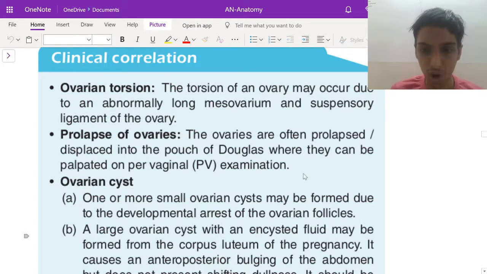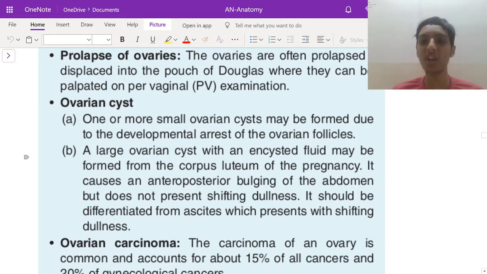And the ovarian torsion due to the long suspensory ligament. So when we have a long suspensory ligament, the torsion can happen. Sometimes even cyst can also develop. We can see the cyst developing, which is basically present in the corpus luteum during pregnancy, causing antero-posterior bulging of abdomen, but the dullness is not affected.